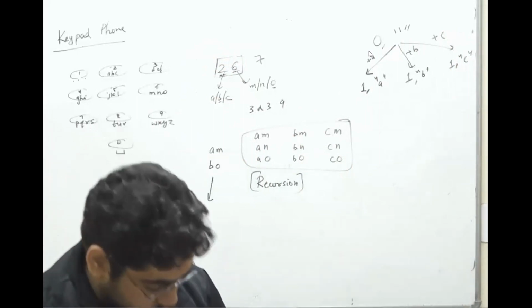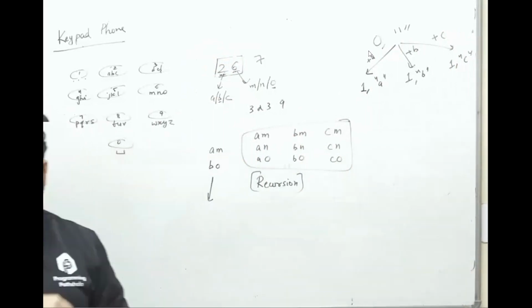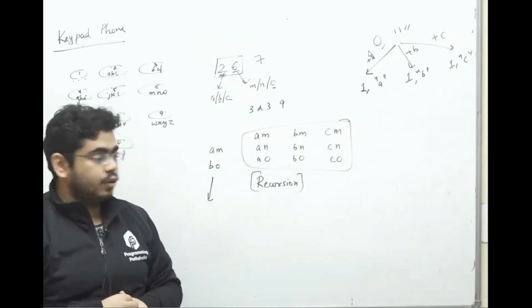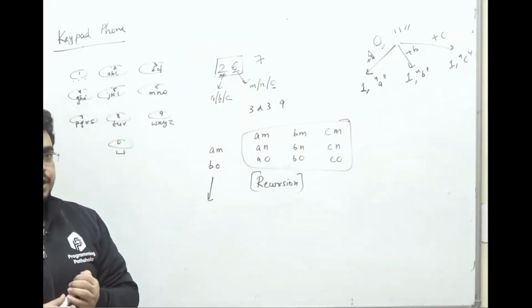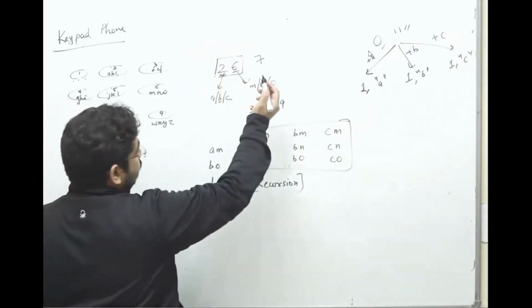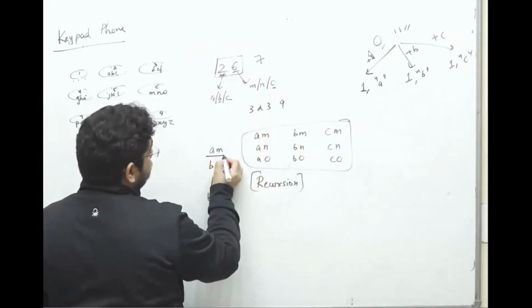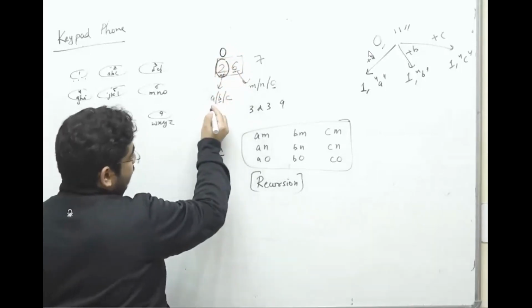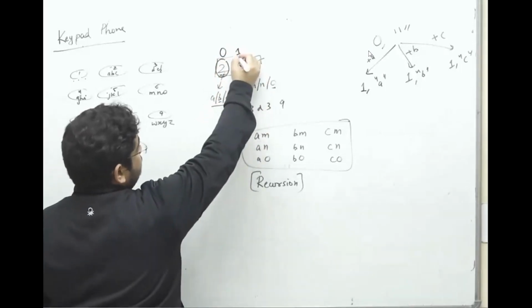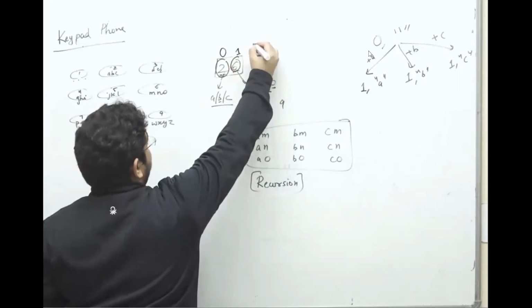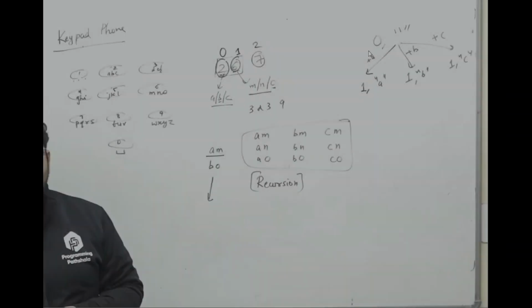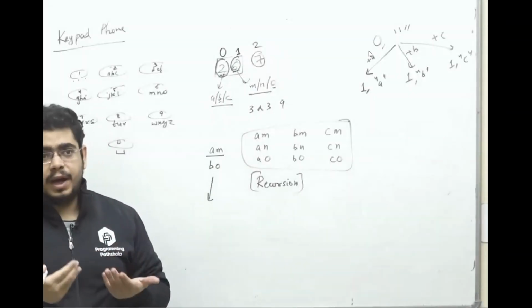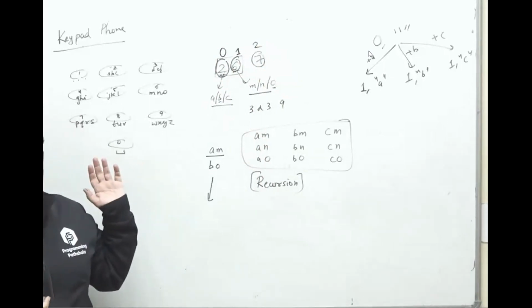Okay, let's take a moment and try to understand this in a good way. What I'm trying to say is, what do I need to do? To get a string out of it, I need to replace the 0th digit by a character, the first digit also by a character, and the second digit also by a character. I have to replace each of them by one character from their lists.